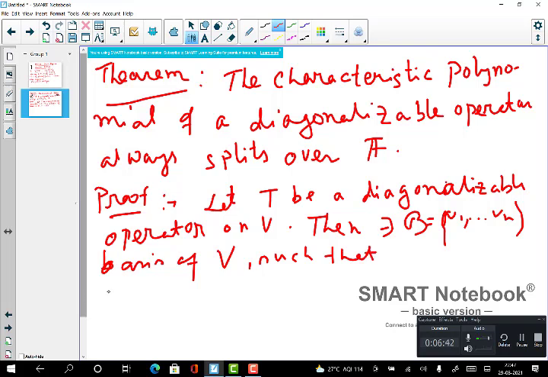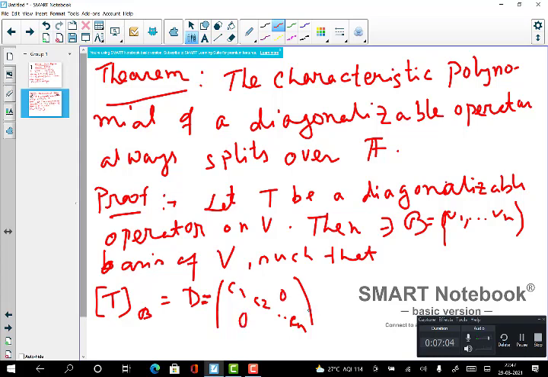such that the matrix representation with respect to this basis is some diagonal matrix D. The diagonal entries are constants c1, c2, ..., cn, and the rest are 0.